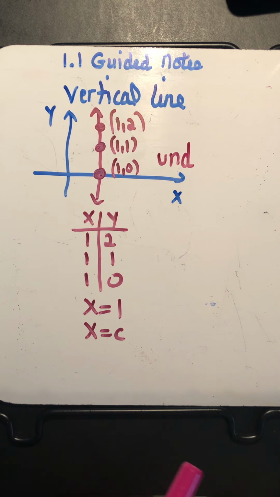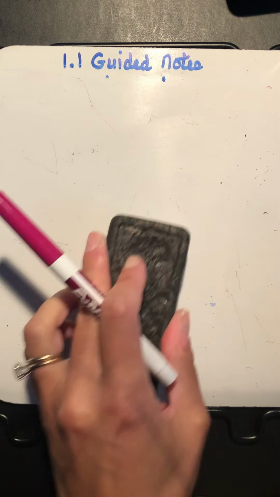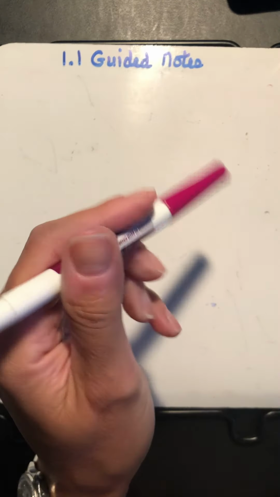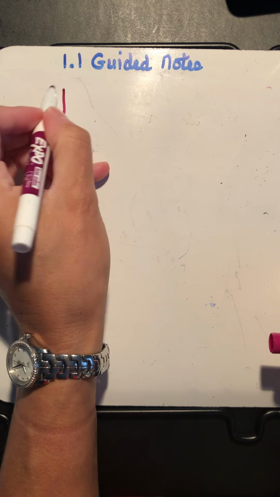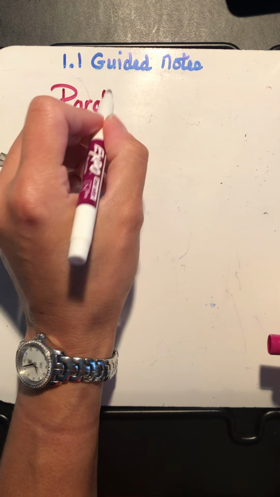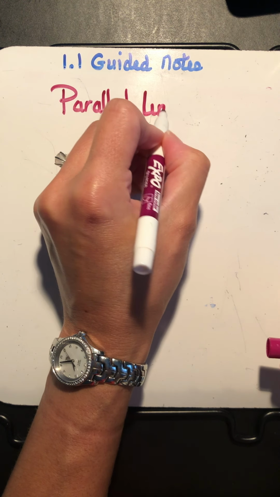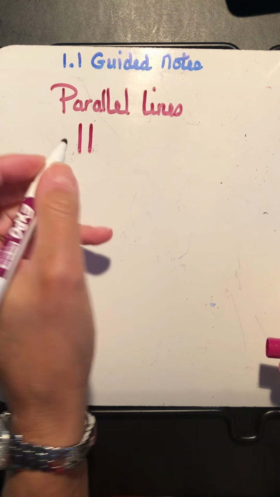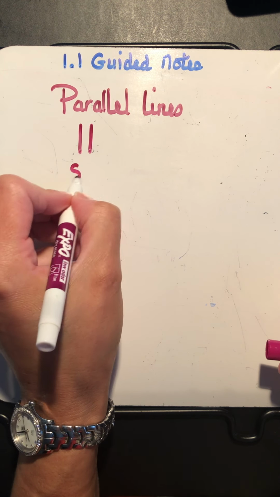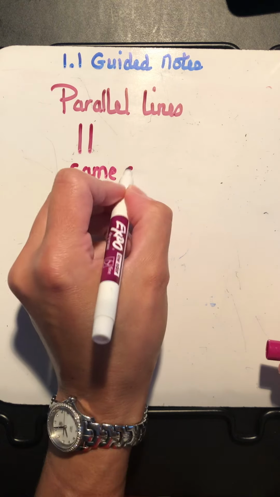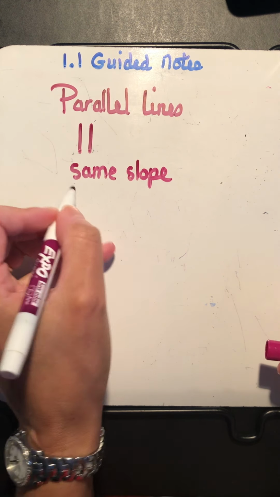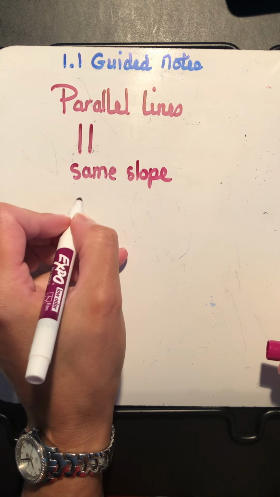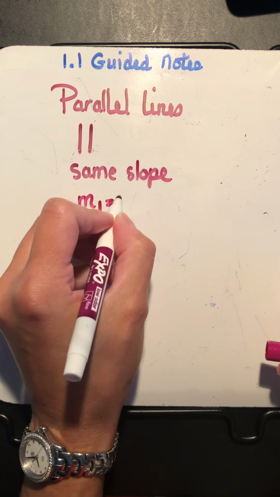Okay, now continuing, we want to talk about parallel lines and perpendicular lines. So parallel lines, recall, they kind of look like train tracks. That is the notation. They have the same slope. So in general, since slope is indicated by the letter m, m1 equals m2.